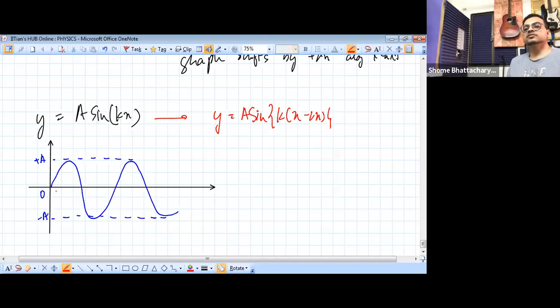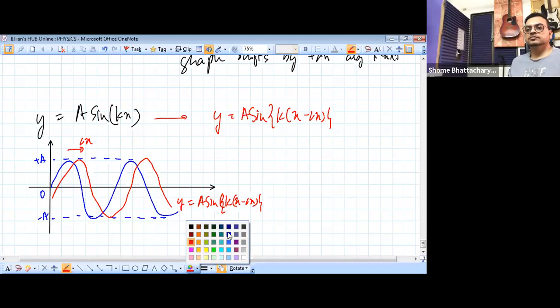How will this whole graph now transform? It shifts by delta x. This is the graph of this, whereas this was the graph of that.